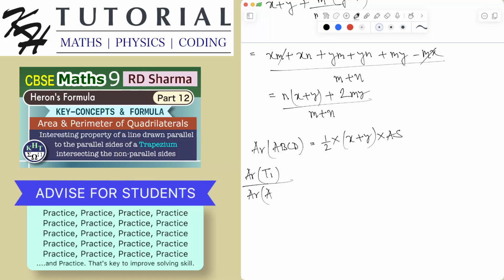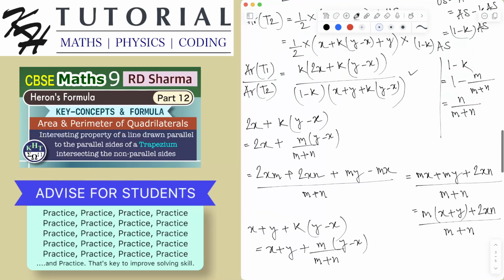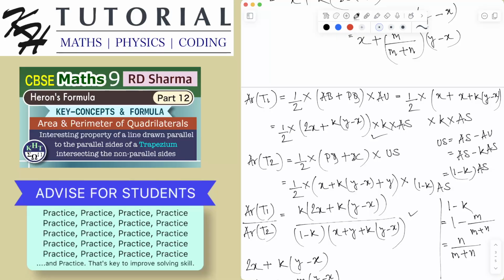So then the ratio of the area of the trapezium T1 and the area of the whole trapezium ABCD is, the area of trapezium T1 was this. So AS and half will cancel out.